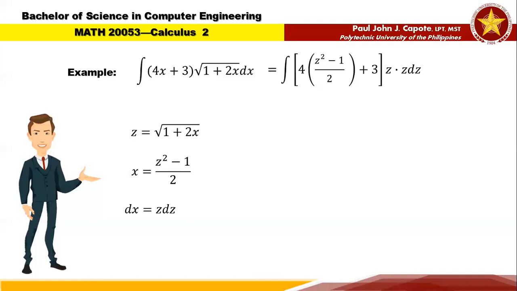So we substitute this value of x. And we all know that the square root of 1 plus 2x is z itself, and dx is z dz. So what we do here is we just substitute these values of z, x, and dx.